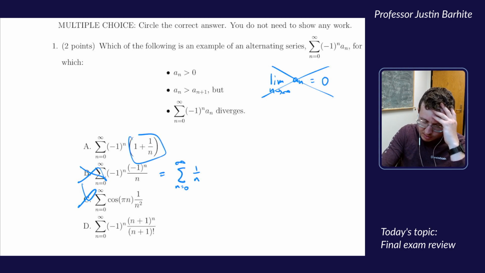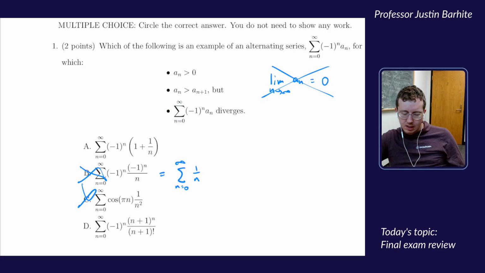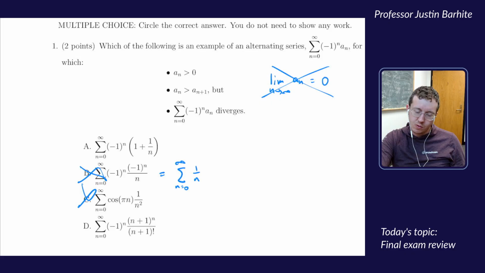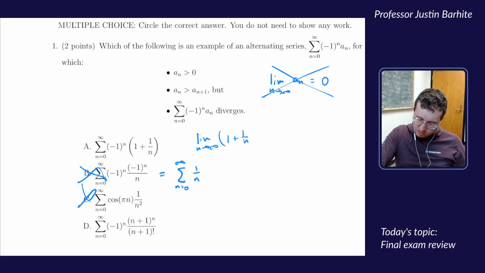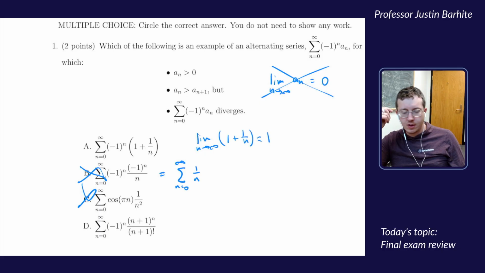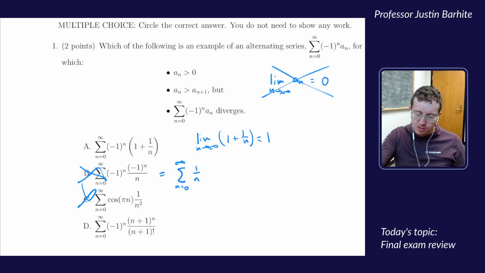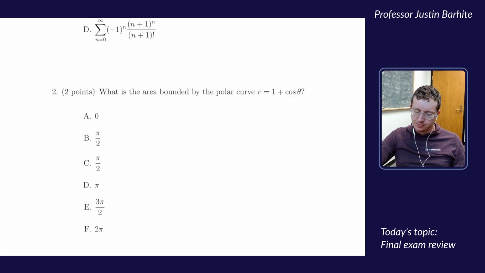When theta is pi over 2, the cosine is 0, so r is going to be 1. This is not a circle. Oh, sorry, cosine is 0. So as theta increases from 0 up to pi over 2, the radius is decreasing.